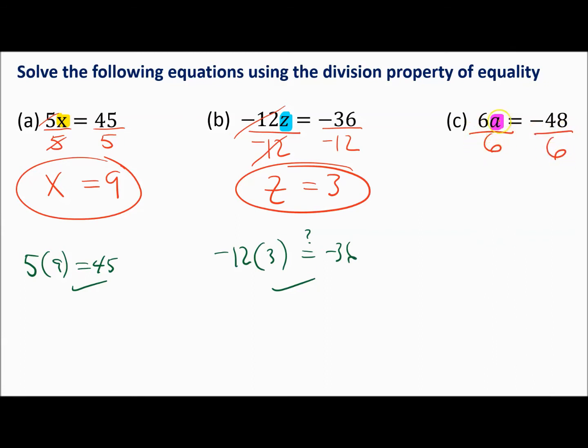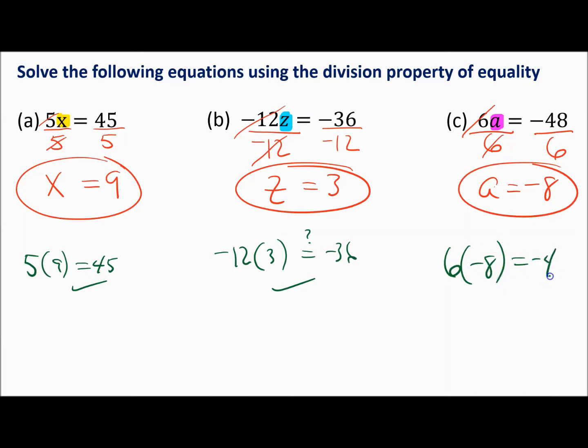I do it over here to get rid of the 6 so the a is isolated. I do it over here because the property of equality says I must do it to both sides. The 6 is canceled, so I get a is equal to, and we know negative 48 divided by a positive 6 is a negative 8. And once again, I could check, 6 times negative 8 is negative 48.